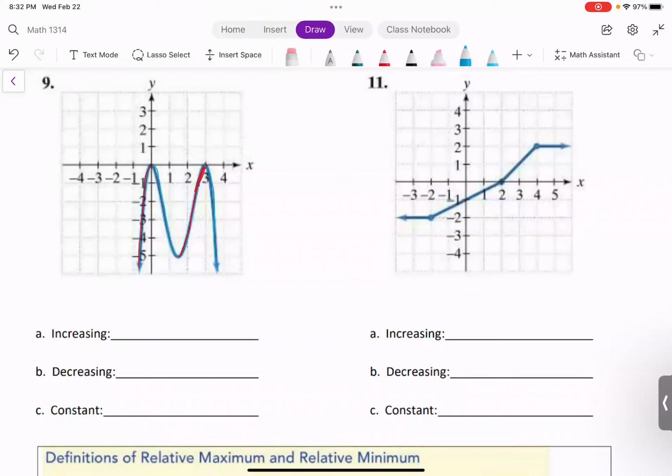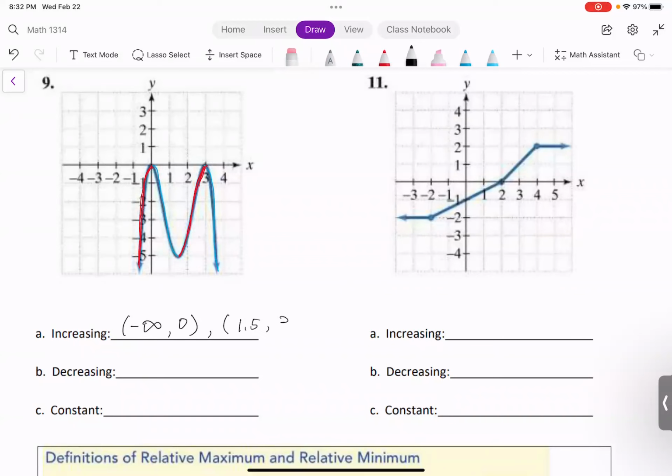Let's identify the increasing interval. The interval is from -infinity to 0. So that's the first red curve here. And the second red curve is from 1.5 to 3, x value.